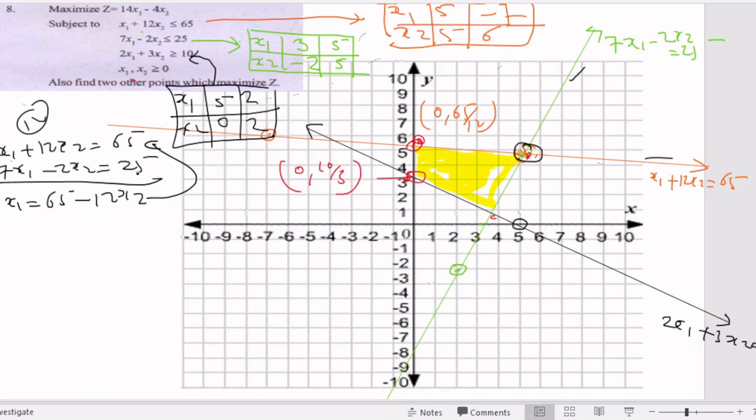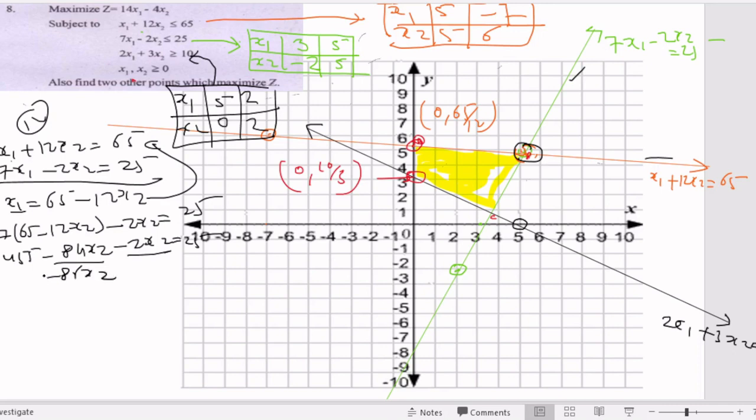From where did it come? Here. So let's substitute 7 in place of x1. We'll substitute 7 times (65 minus 12x2) minus 2x2 is equal to 25. Open the bracket: 7 into 65 is 455, minus 84x2, minus 2x2 is equal to 25. 84 and 2 gives minus 86x2, 455, take to the right side.